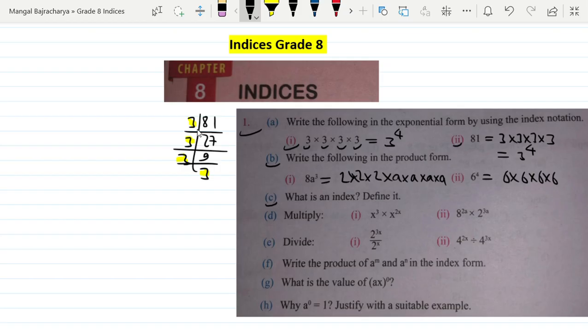In the above examples, in the first and second, we have seen that any number, when it is multiplied with the same number, the number of times we raise as the power. And that we call index, right? So for this number C, the number of times for multiplying any number or variable.